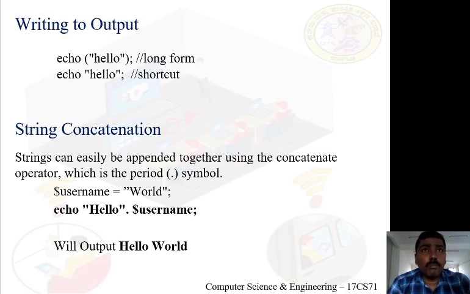Like plus in Java, the string concatenation operator in PHP is a dot. Dot acts as string concatenation. It concatenates the two strings which are passed as operands to it into a single string. Now I will look at this example.